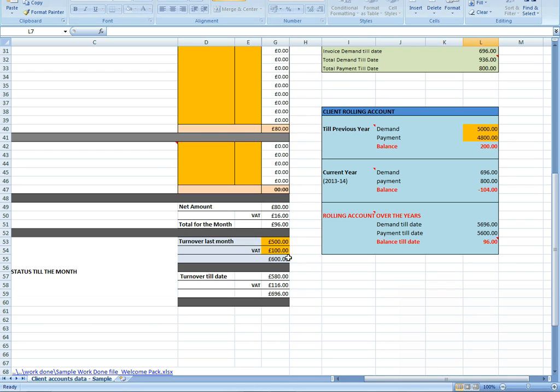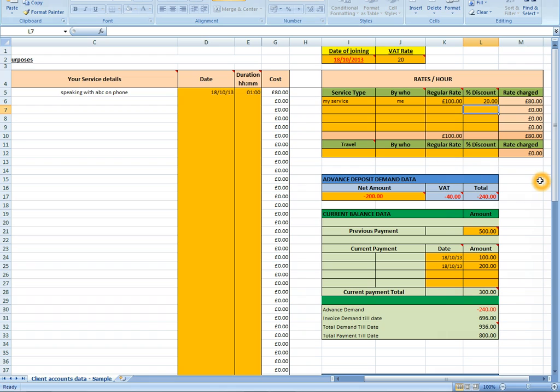The VAT discount doesn't change. It changes here, over there, because we are giving discount only for this month. So this is one very good aspect of this file: whenever you want to give a discount to the customer, you can give. You don't have to give every month. I didn't want to give in September, I want to give it in October, so I gave in October. Okay, so that's how it works.